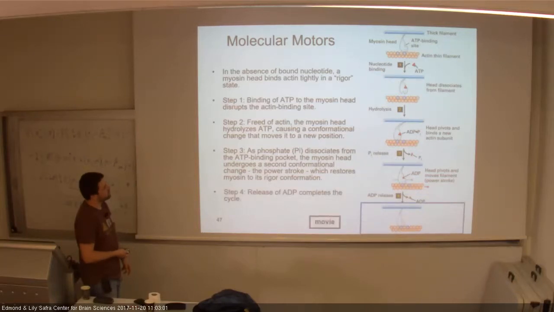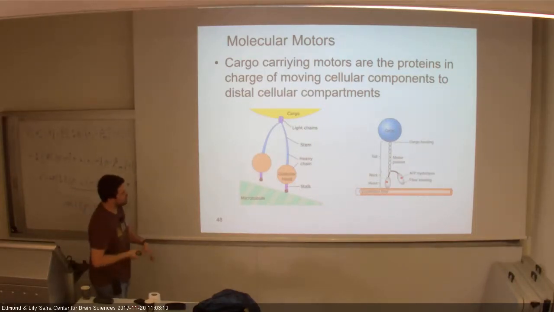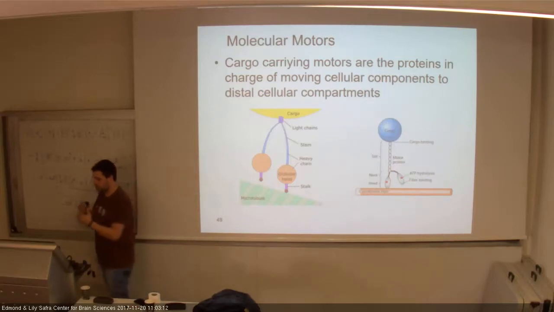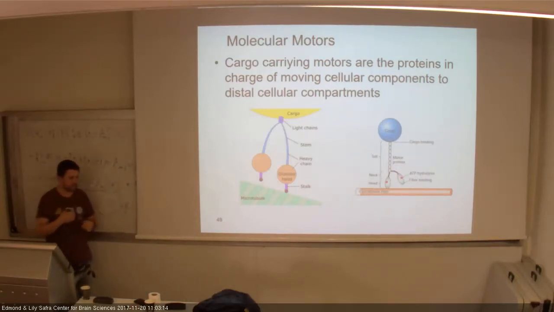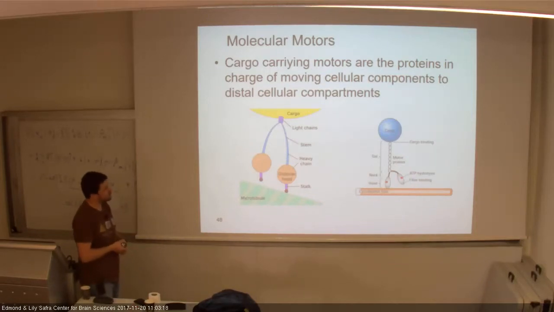And very similar to this function, we also saw cargo proteins or molecular motors that ship or move cargoes on the highways of the cells, which are the microtubules that we talked a little bit about, or the cytoskeleton of the cell.